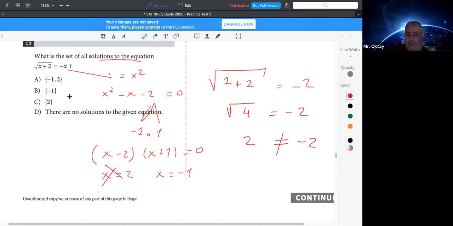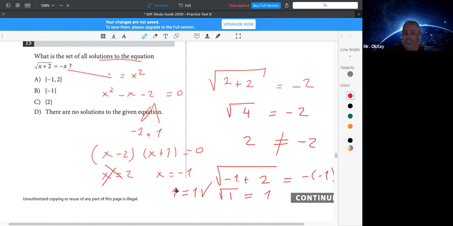What about -1? I am putting -1 plus 2, is it equal to -1? -1 plus 2, +1. Root 1, 1. 1 is equal to 1. Yes. That means there is only one solution. Finished. So what is the rule?